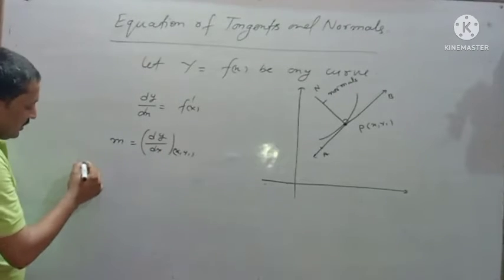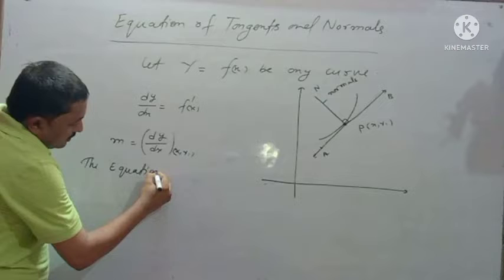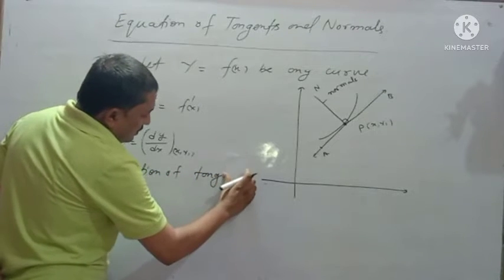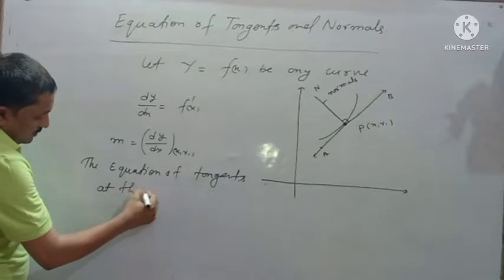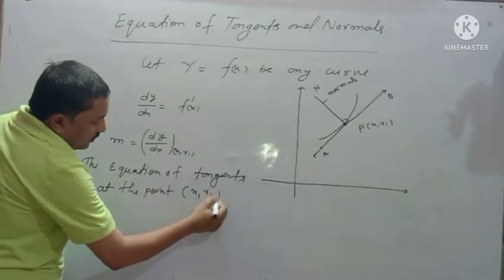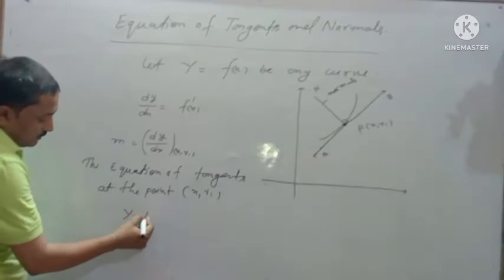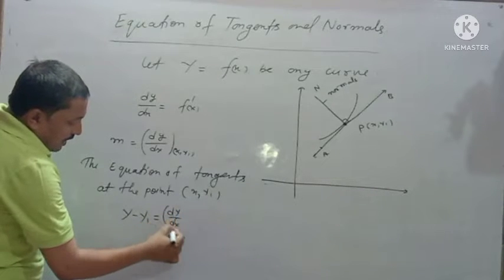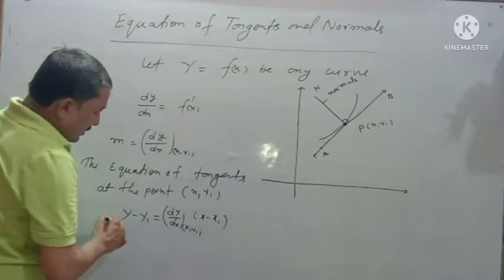The equation of the tangent at the point (x1, y1), we have the formula y minus y1 is equal to dy by dx at the point (x1, y1) times x minus x1.